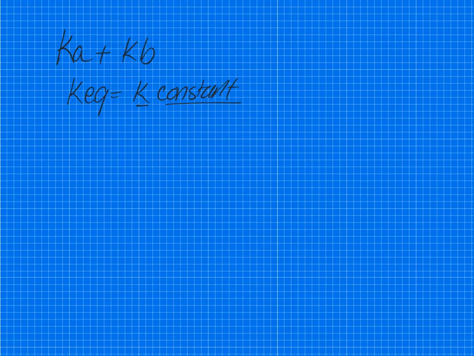And the Keq is for the equilibrium constant, right? And so Ka is the constant of an acid, and Kb, as you can guess, is the constant for a base.